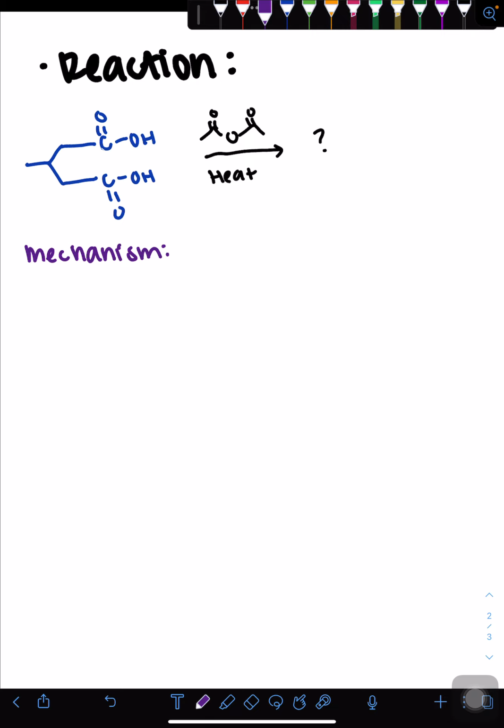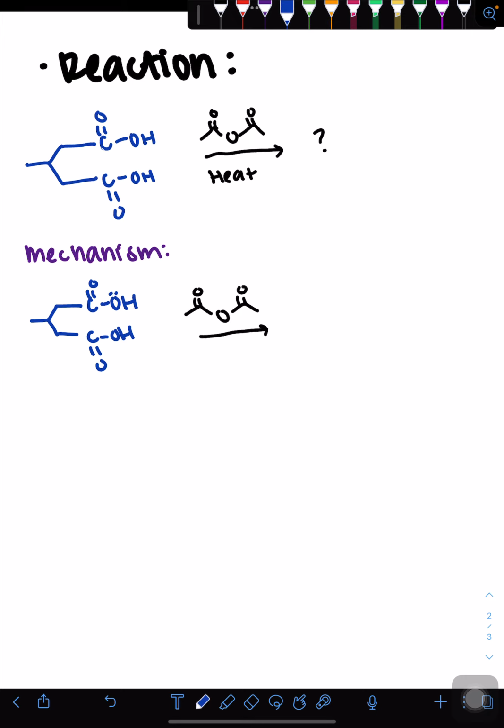Once again, start with your starting material. And we had this as one of our reagents. So this O has lone pairs, and they're going to attack this carbon.